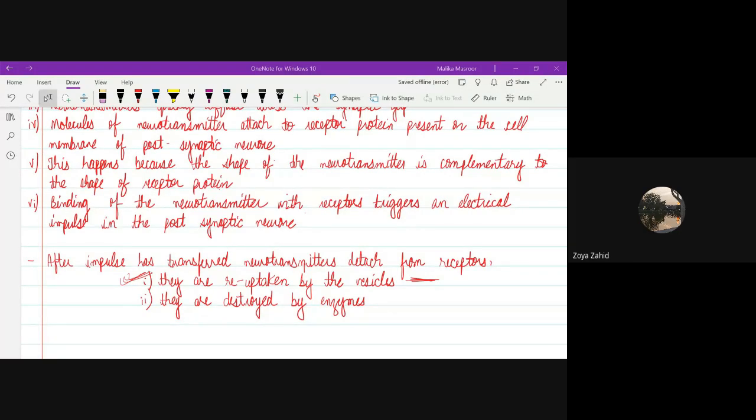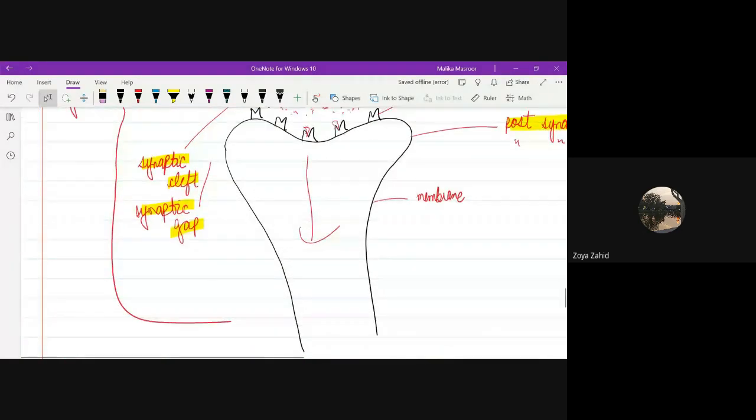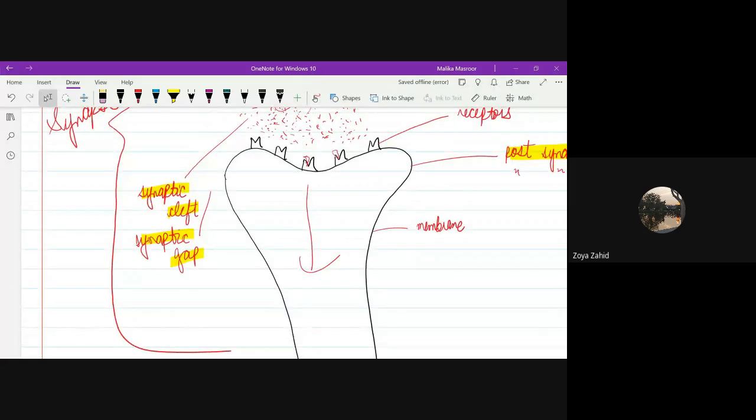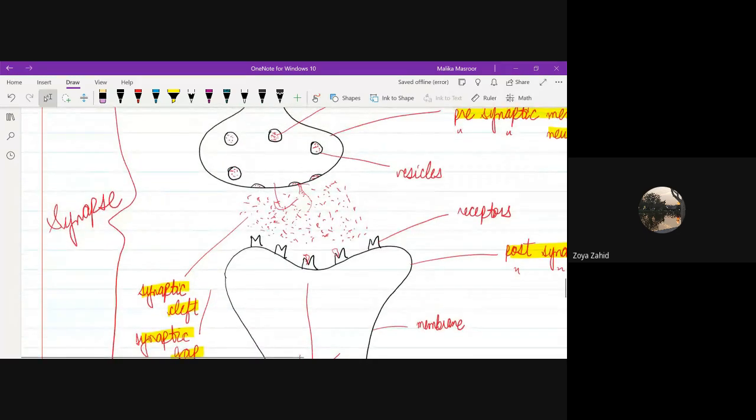Basically, after the neurotransmitter attaches to the receptor in the postsynaptic neuron, doesn't the neurotransmitter convert itself to electrical signals, or does it just transfer its energy? See, it does not convert into electrical impulses.